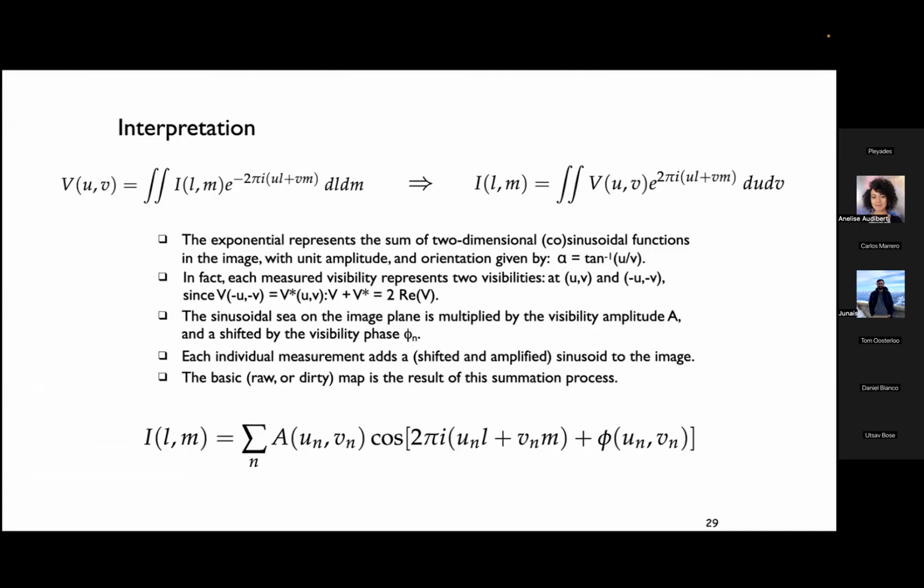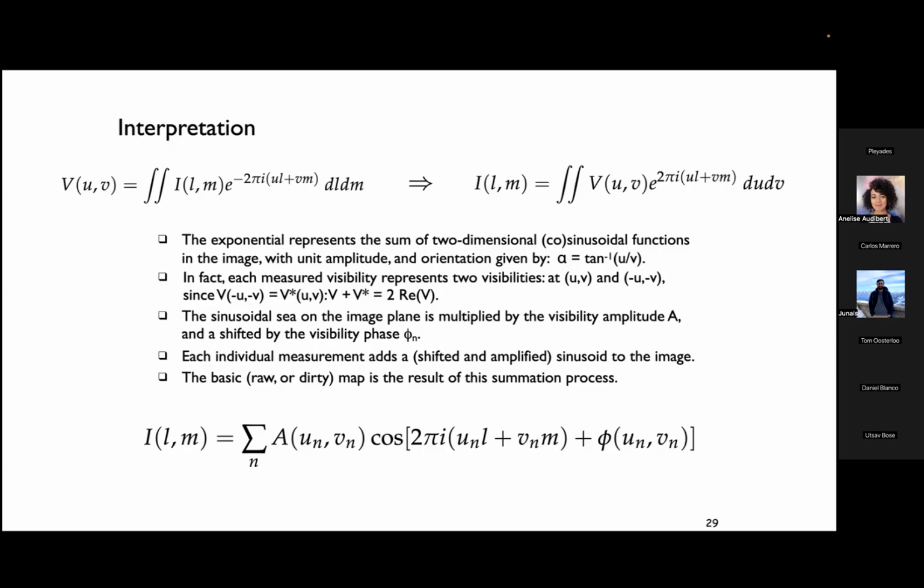Okay. The visibility is the Fourier transform of the sky, so we can get the sky through the Fourier transform of the visibilities. One interesting thing is you combine telescope 1 with 2, but then you also combine 2 with 1. It sounds like an irrelevant detail, but you occupy the opposite point in the UV plane.